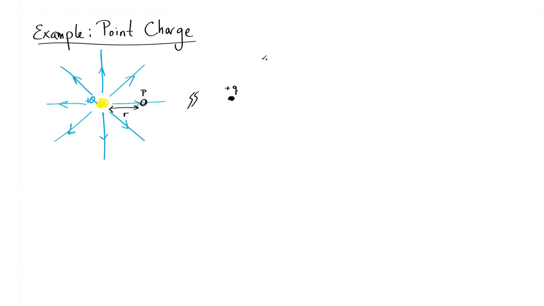Basically, delta U going from infinity to r is going to be equal to the magnitude of charge on this test charge, little q, times V, which I'll write as going from infinity to r.